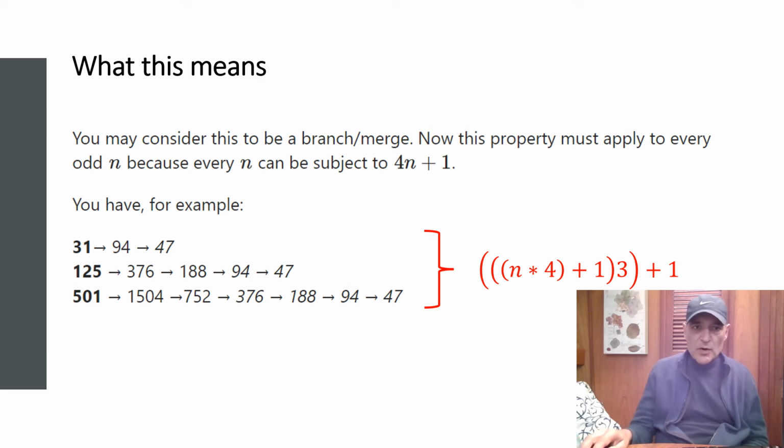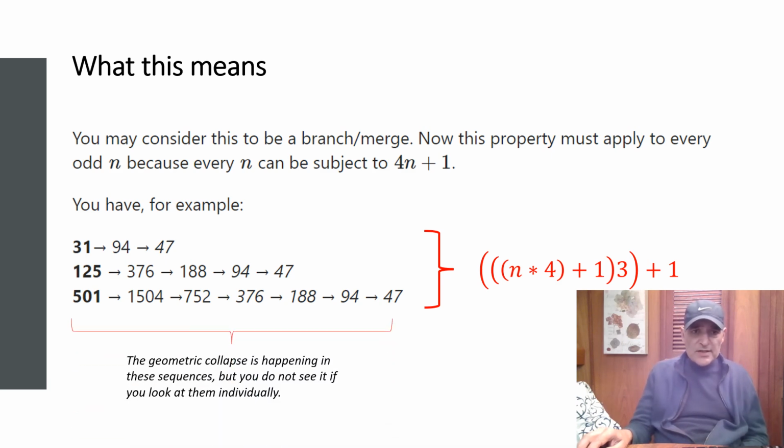So 31 times 4 plus 1 actually produces a merging sequence. Notice that 31 and 125 merge on 94, and the following odd number is 47. Then you multiply 125 by 4, add 1, get 501, and this goes through 5 even steps before reaching 47, the first odd number. And you will see the actual merge occurs on 376.